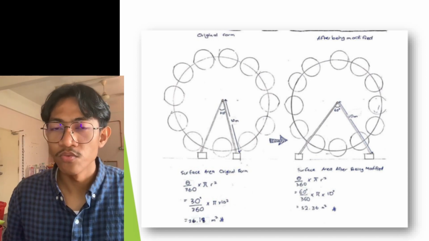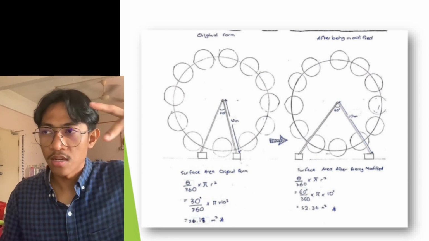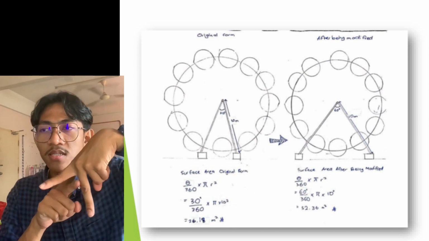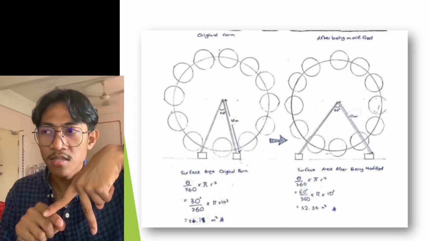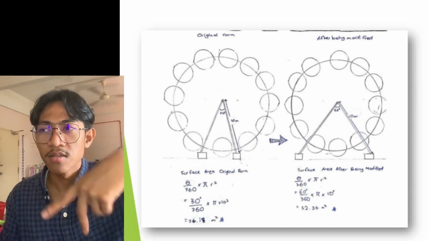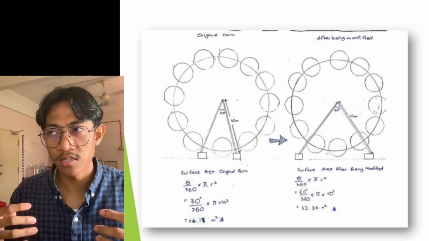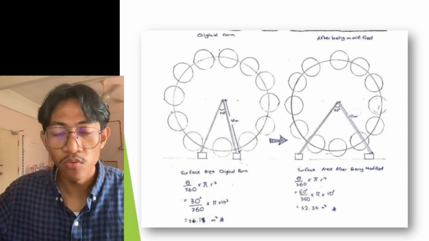That's why we increase the angle from 30 degrees to 60 degrees, which is wider for the Ferris wheel to work.